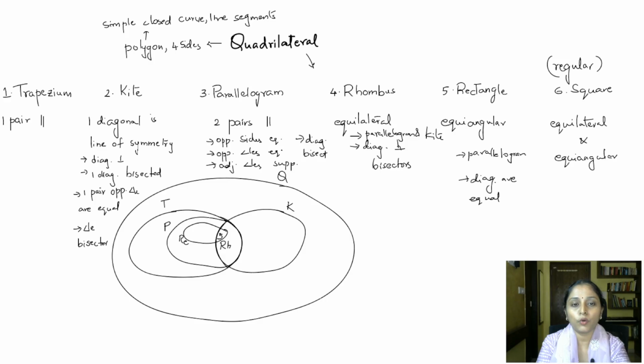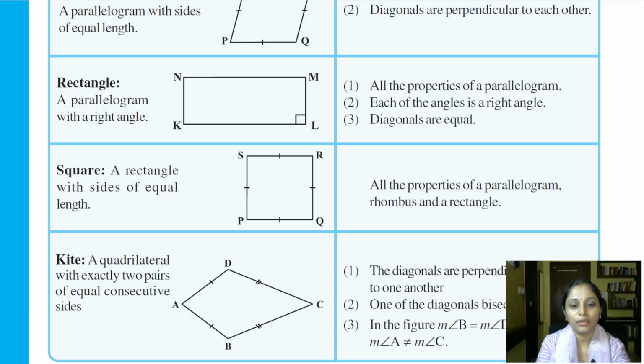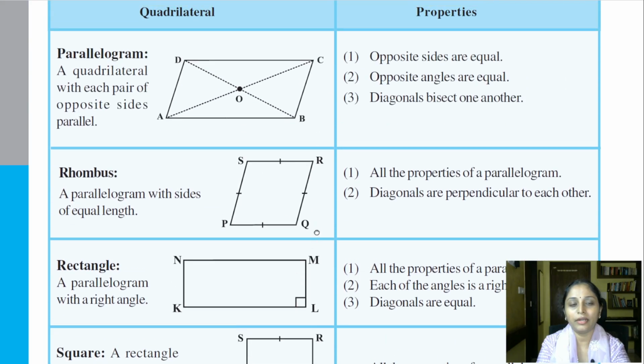Next, they have given a quick list of all the properties and the definitions, like we have done along with the properties. This is much more neatly presented than the discussion that we have done, but nevertheless, it's the same. Here you can see they have given what we have also done, but we have done it in a flowchart manner.